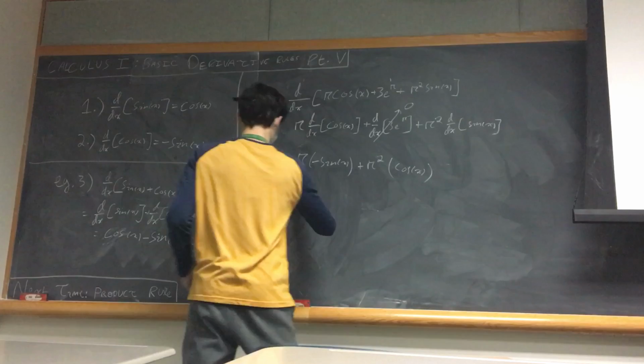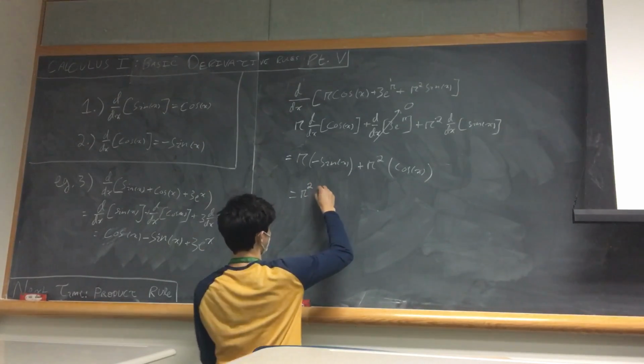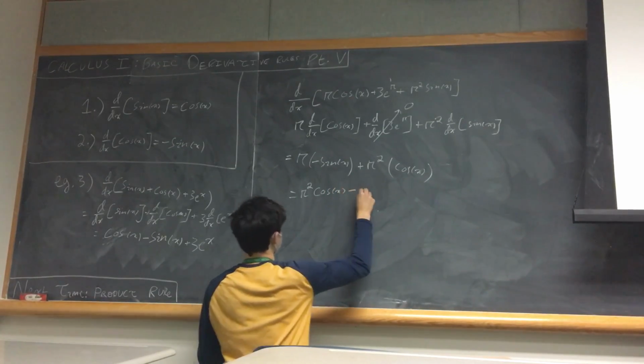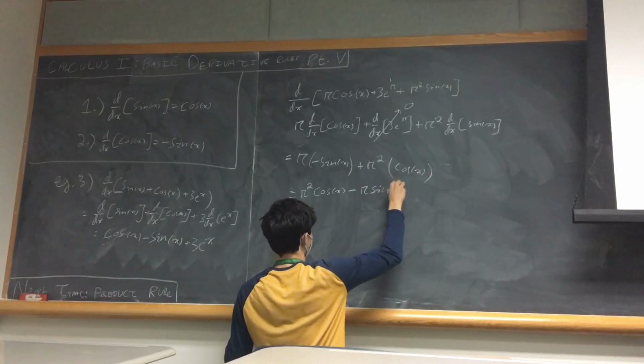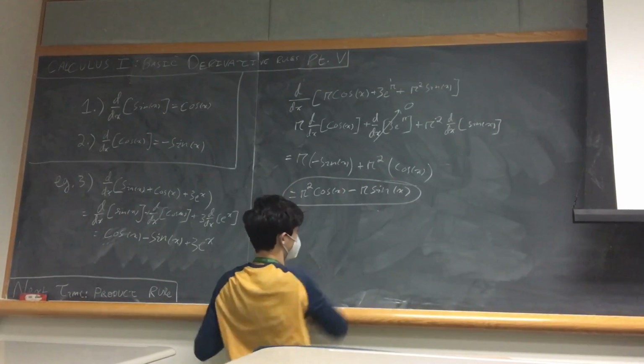So this gives us pi squared cosine of x minus pi sine of x.